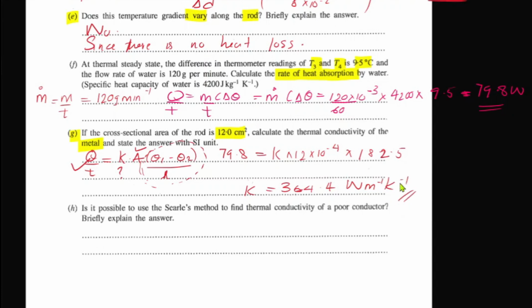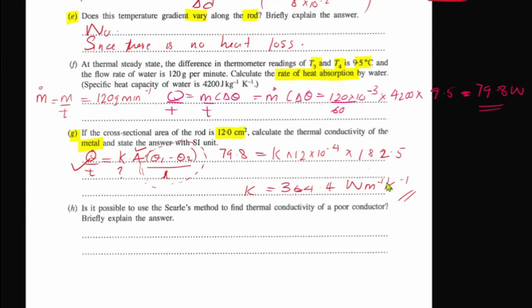You need to be very careful of the SI unit. If you are not quite sure of the SI unit, just write the units of each quantity, do the simplification and see.